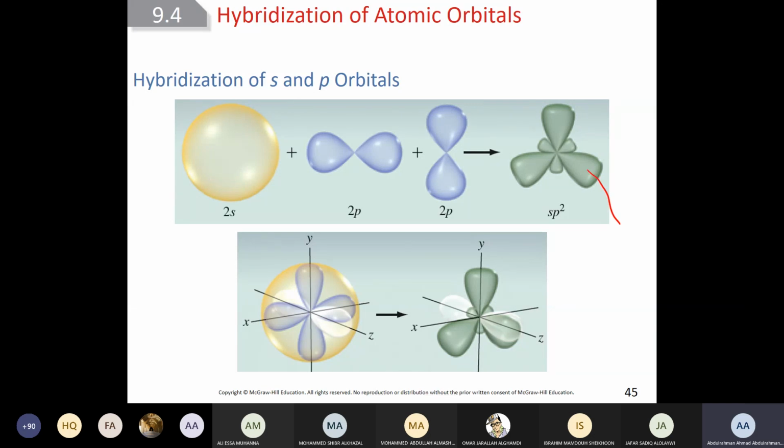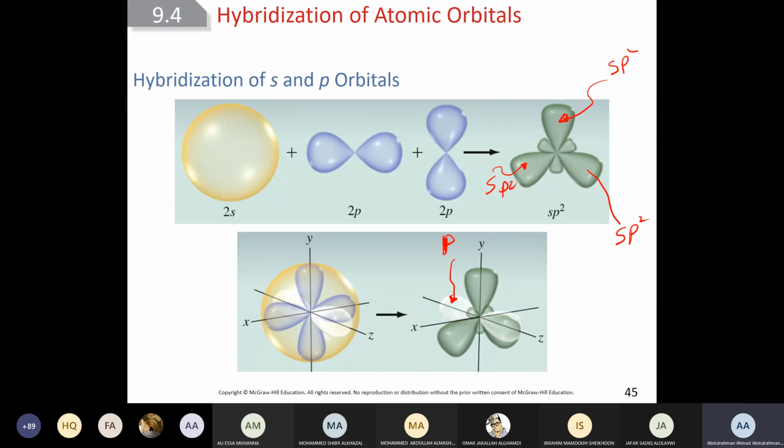What's the name of this new orbital? sp2. And this orbital? sp2. 3 new orbitals, each one is called sp2. And what will happen to this p orbital? It will stay as it is.